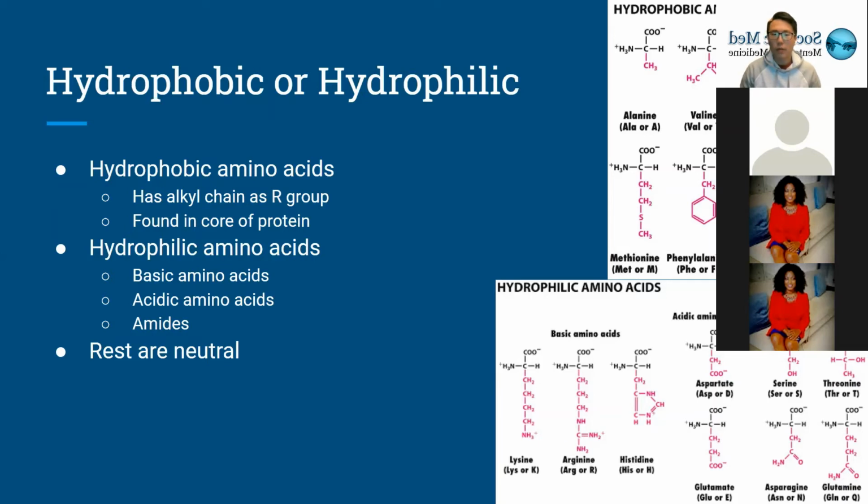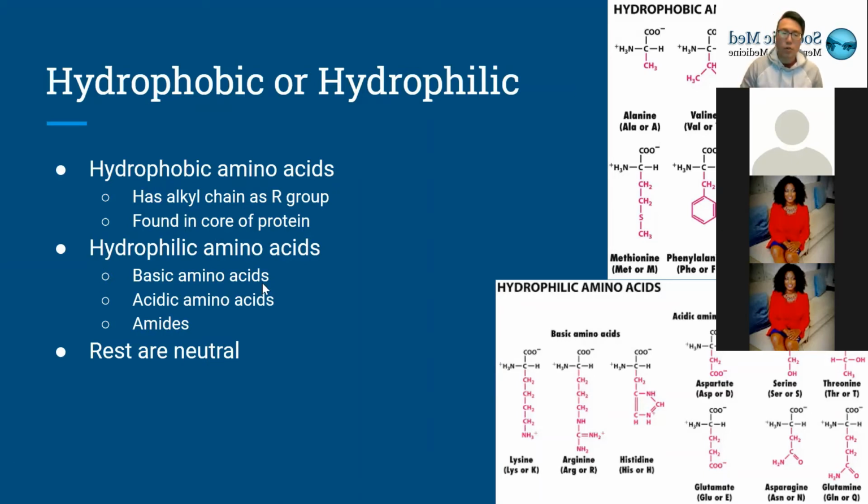On the other hand, hydrophilic amino acids are the basic amino acids with the amino group, the acidic amino acids with the carboxyl group, and the amide amino acids with the amides in their R groups. So those are able to interact with the water and form favorable interactions such as hydrogen bonding.